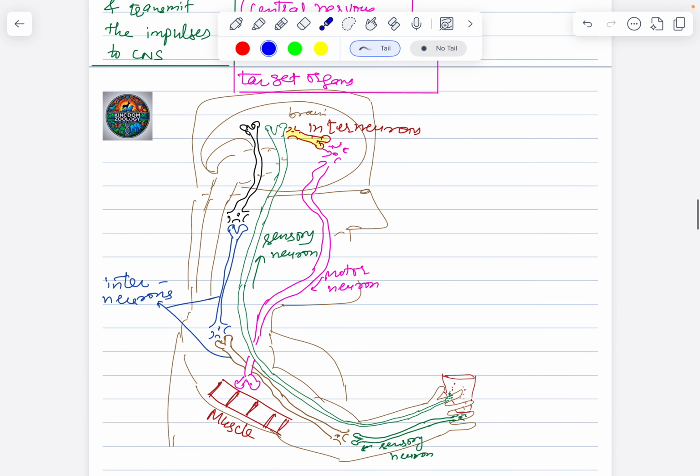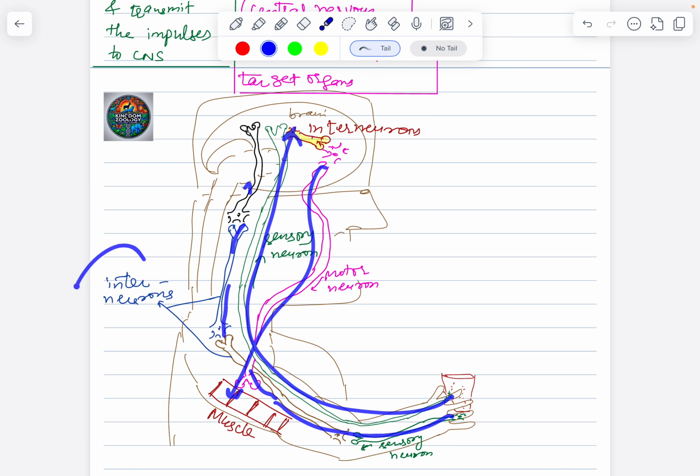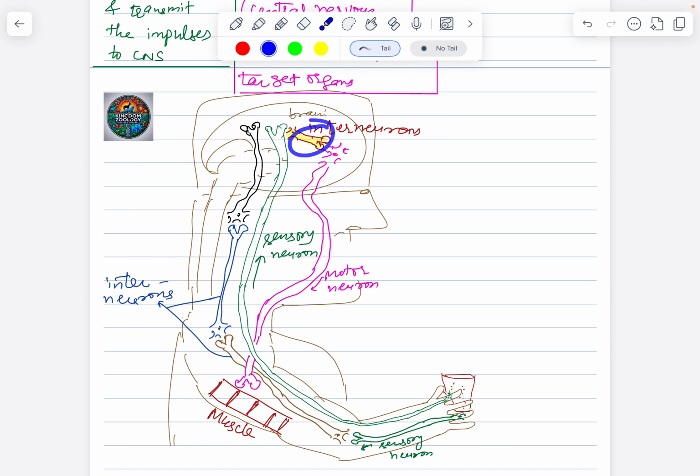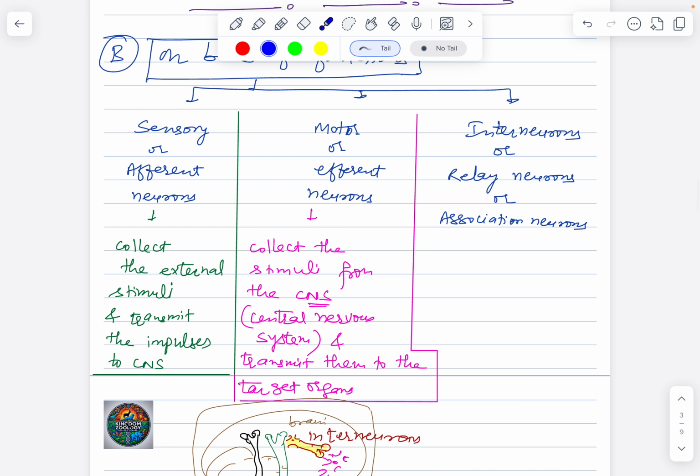So have a look at the picture before I take you up to define the interneurons. Sensory neurons, motor neurons, long distance transmission can be done with the help of interneurons. Inside the brain also interneurons are there, helping in communication of sensory neurons with the motor neurons. So let's go here to write down the definition.